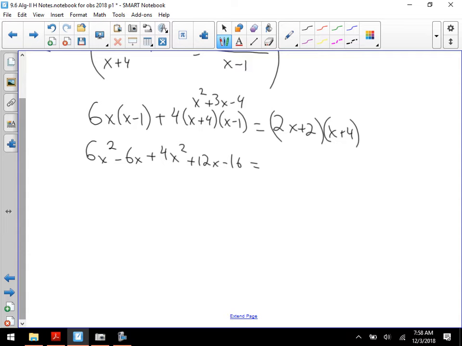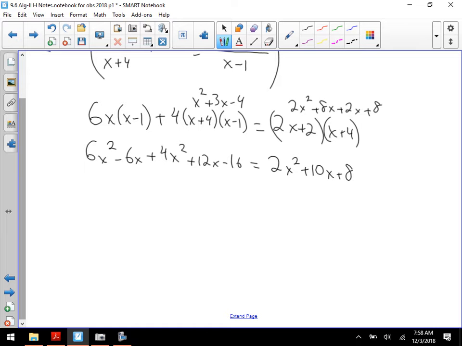And then this will be 2x squared, 8x, 2x, and an 8. So that's 2x squared, 10x, and an 8. Everybody okay with that one so far? I think that one was easier than the other ones, to be honest with you, because it only had the two denominators.